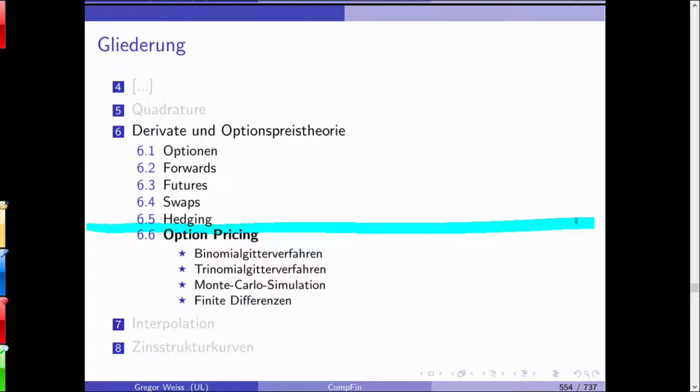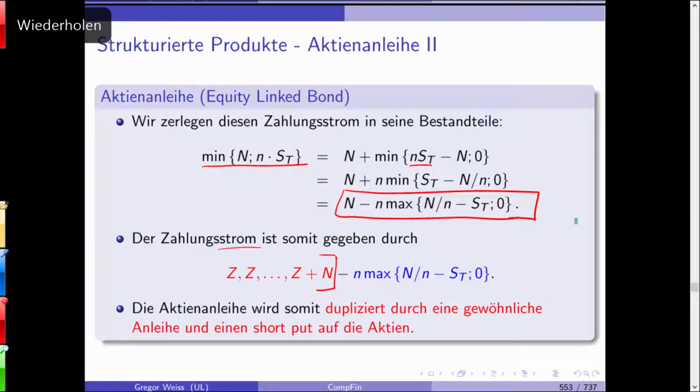And in the end, you should know how to construct those structured financial products. I think that's quite simple. If you know what, for example, an equity-linked bond is, you can even try to do it on your own, because this calculation is not very difficult. You simply have to switch and separate those minimum.